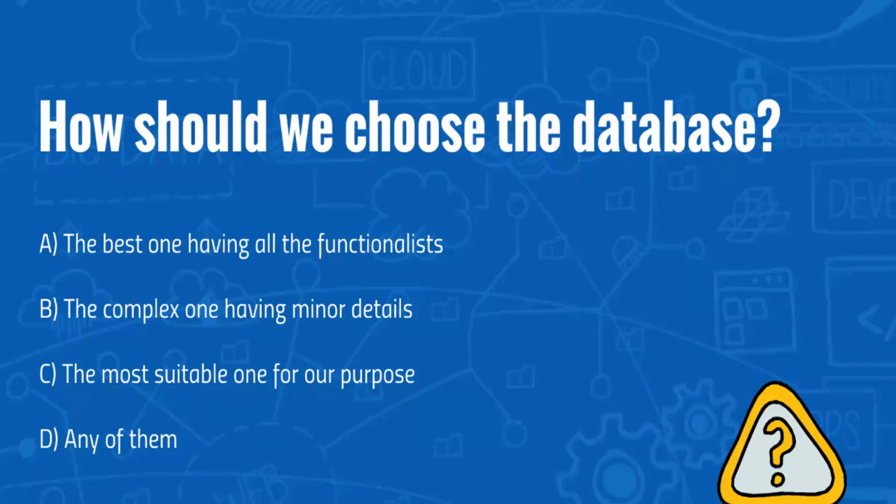So the actual right answer is also C, because you cannot say I want this feature, this feature, this feature, because what will you do if it is not of use to you? The same thing happens when you go to buy a mobile.